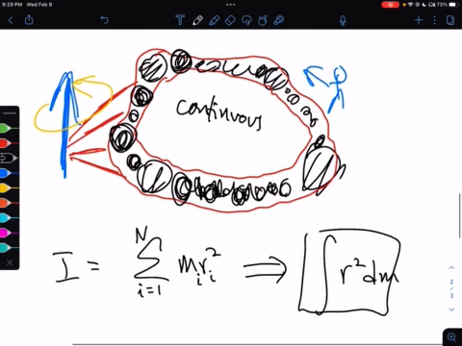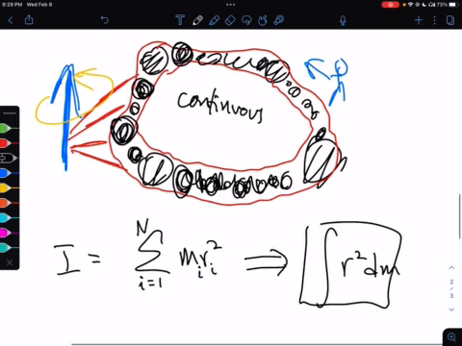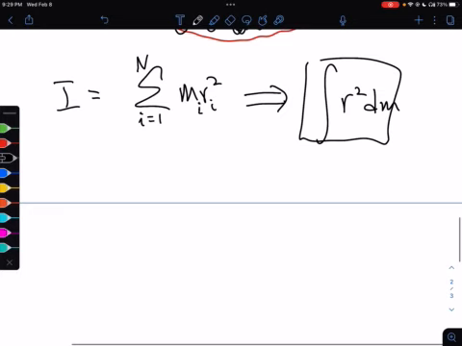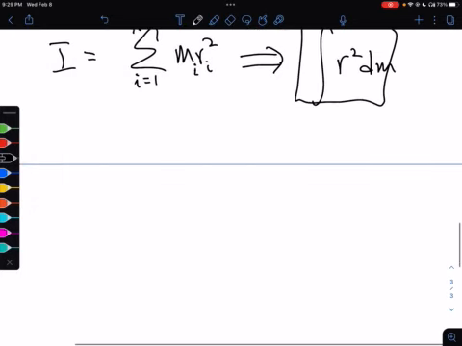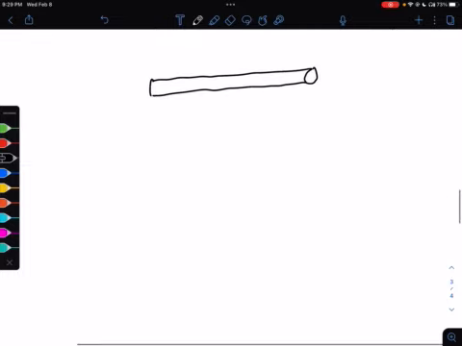Okay, so what kind of integrals would I expect you guys to do? Well, probably not a lot. So let's say that you had a stick. I'll just do a simple one. Let's say you had a special stick, and it looks like a regular stick, it really does. But for some reason, right here it's jam-packed full of atoms.